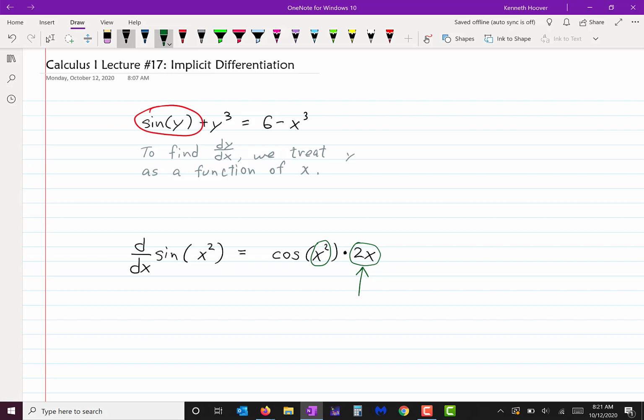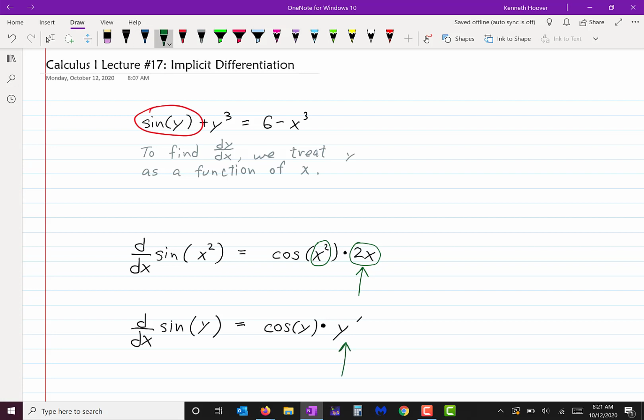Okay, so same idea. If you have sine of y, and y is treated as a function of x, then when you want to do the derivative, you would get cosine of y times the derivative of y, which I'll just go ahead and write y prime. Okay? And why is this here?